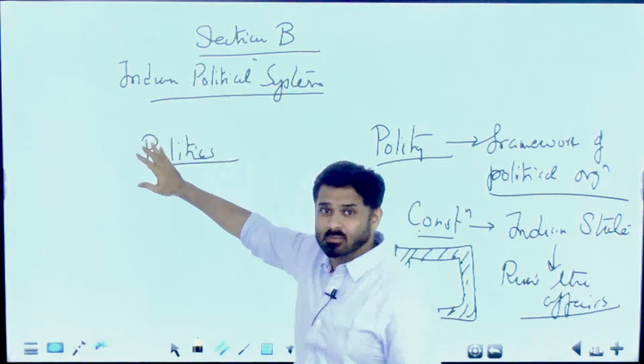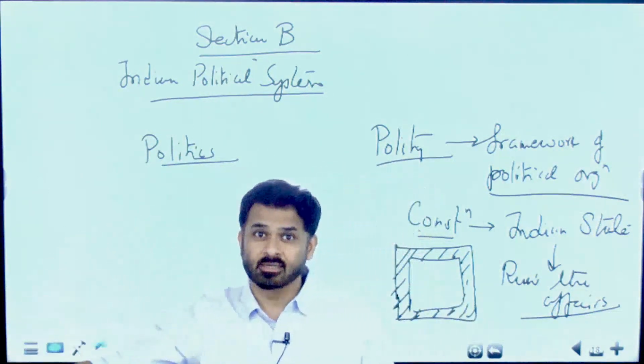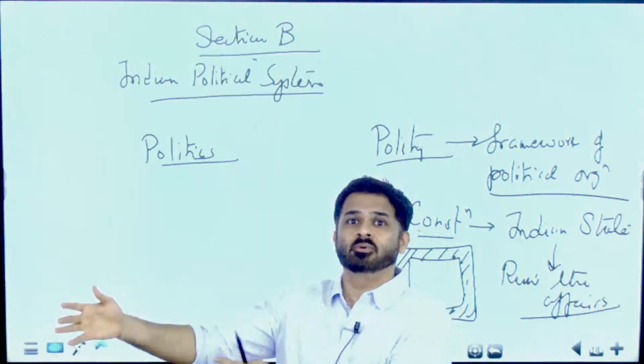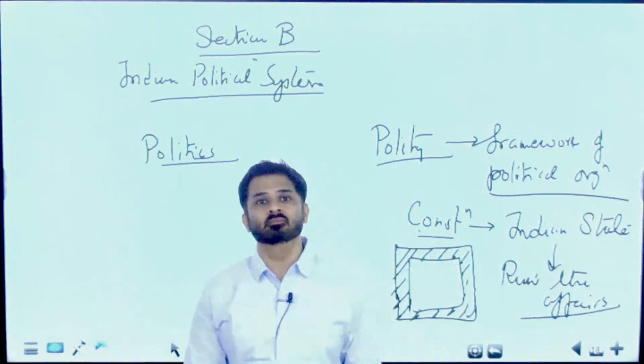If you look at the syllabus, whatever you are studying in modern history is going to help you here, and whatever you study here is going to help you in modern history also, especially everything related to the freedom struggle.